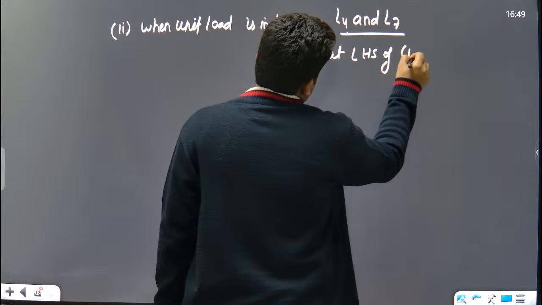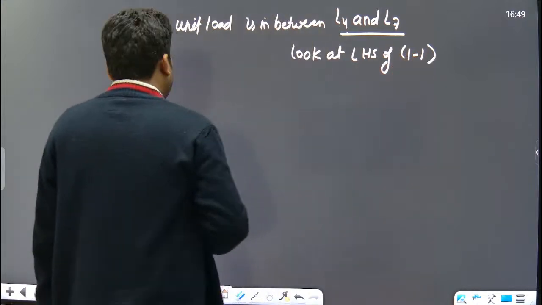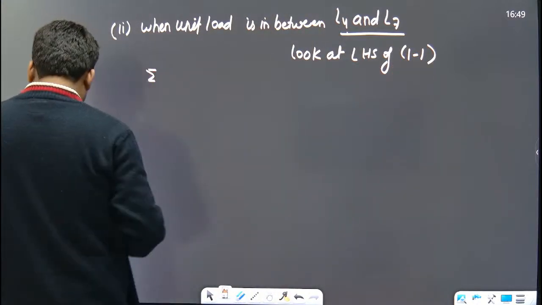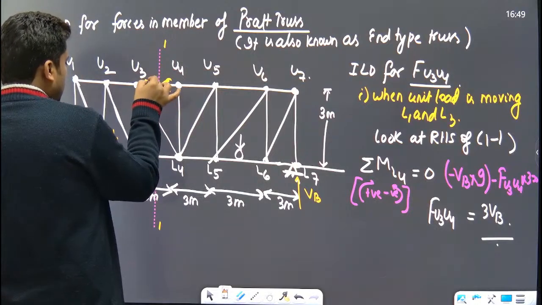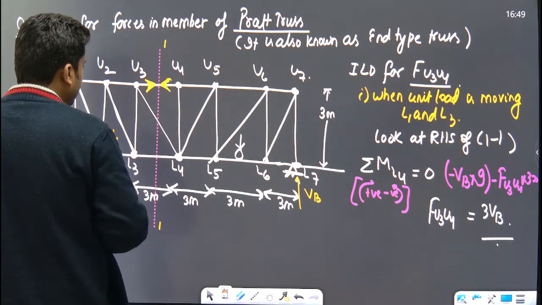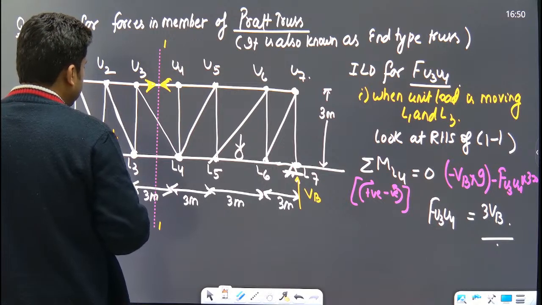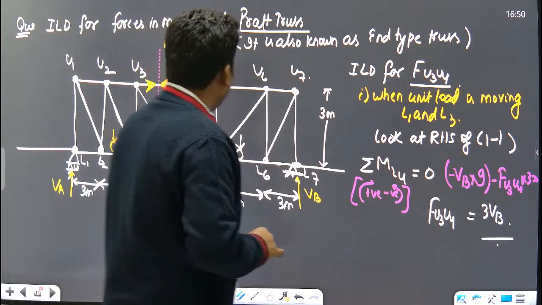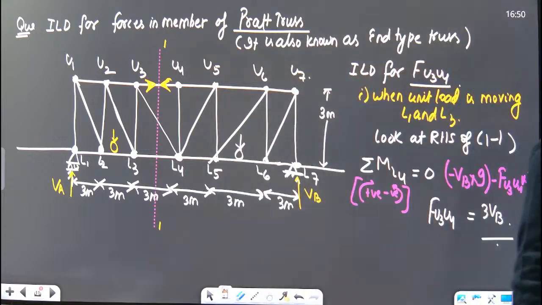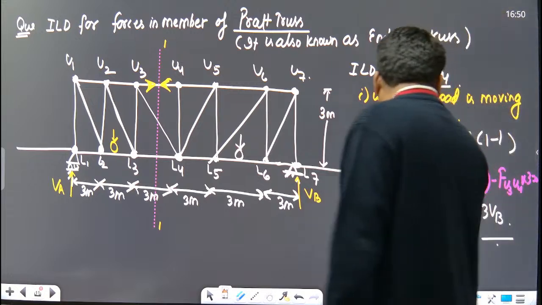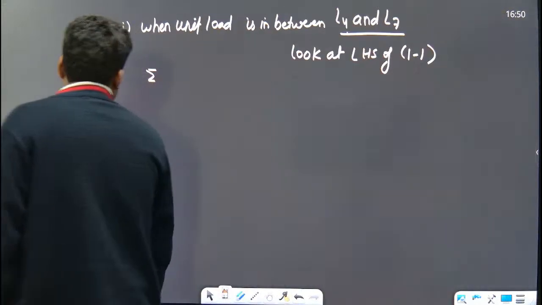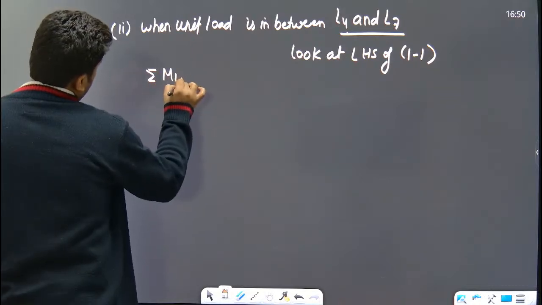So look at the LHS of 1, 1. Now if you need to find out the force in the member, take moment about L4 equal to 0, or L3 equal to 0. Let us suppose we have taken moment about L4. Summation of moment about L4 is equal to 0.